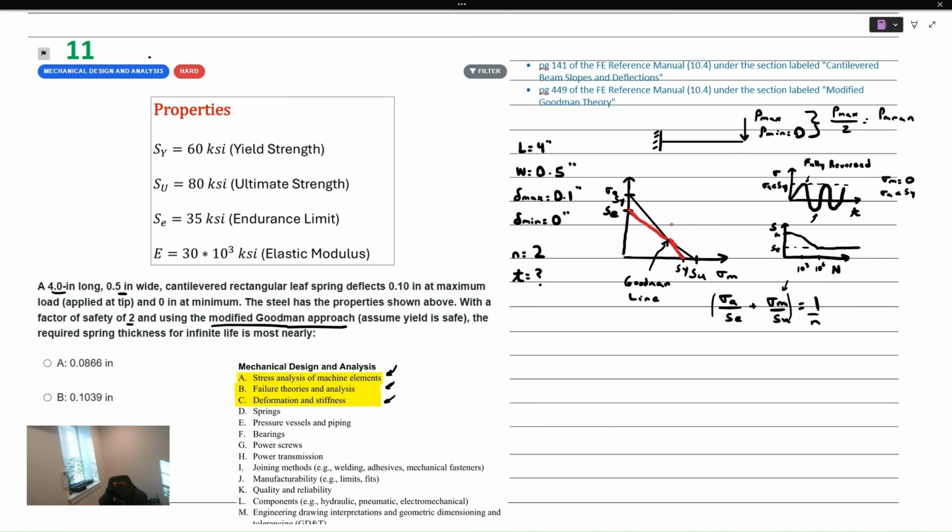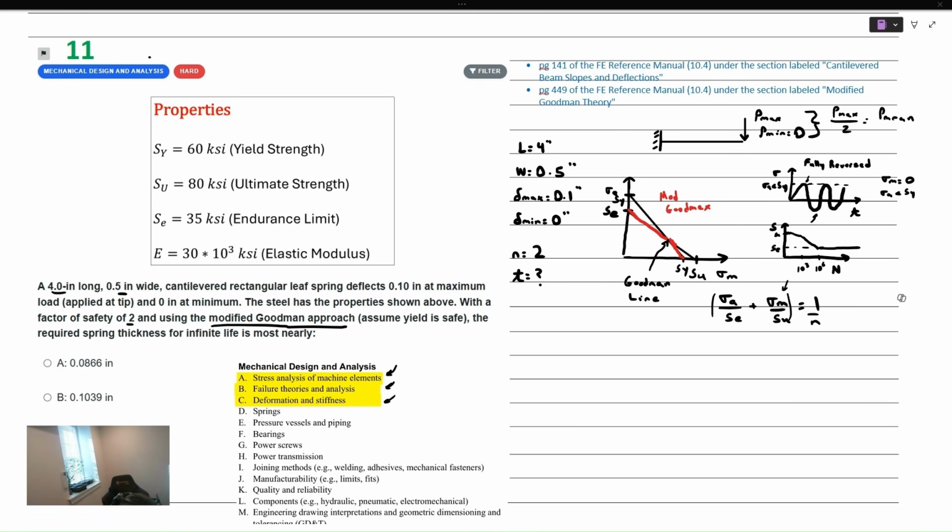So it's kind of this line over here, and this red line is the modified Goodman. And of course, it's in equation form, so we're going to look at that, and really we just check the yield condition. That's how we take that into account.